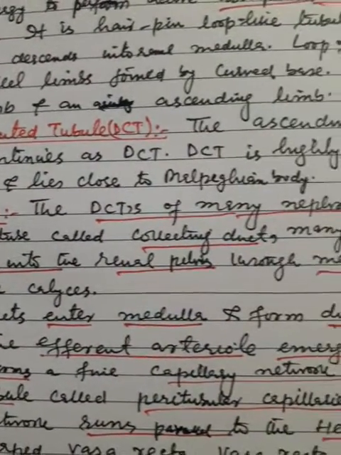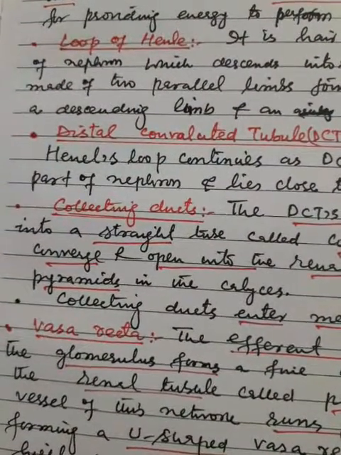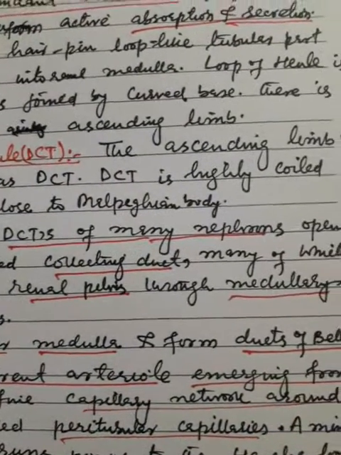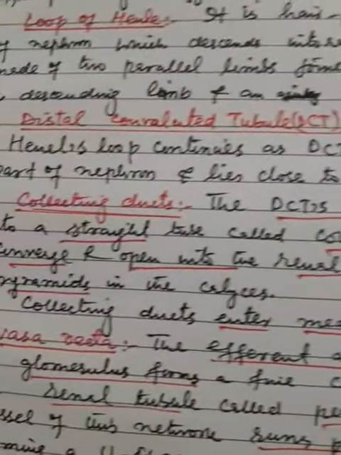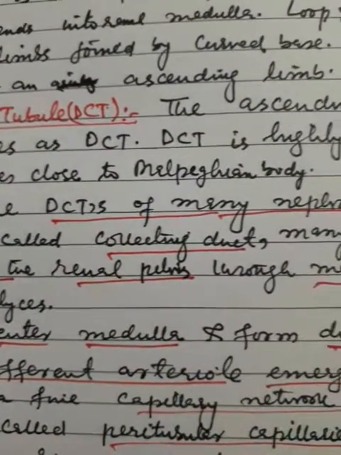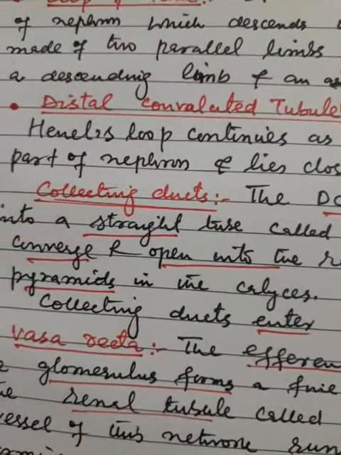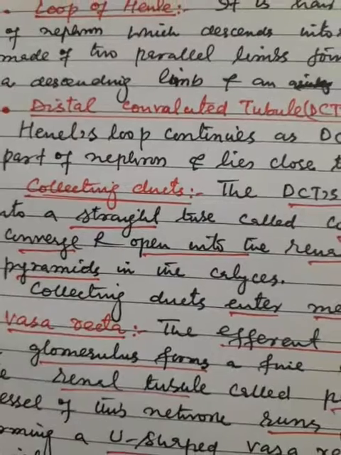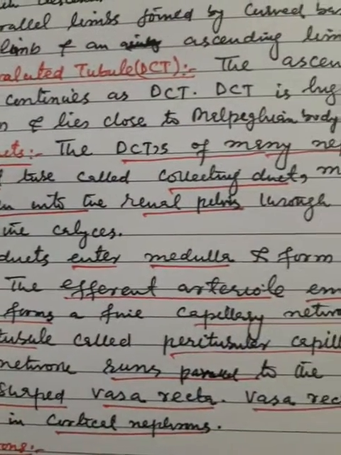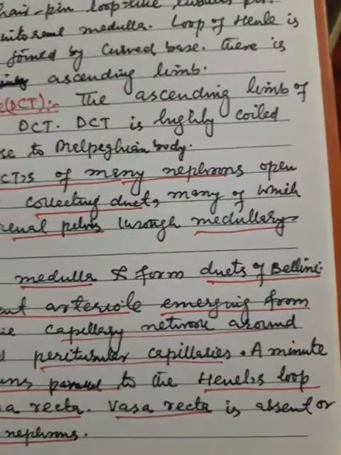The DCTs of many nephrons open into a straight tube called collecting duct, many of which converge and open into the renal pelvis through medullary pyramids in the calyces. Collecting ducts enter medulla and form ducts of Bellini.